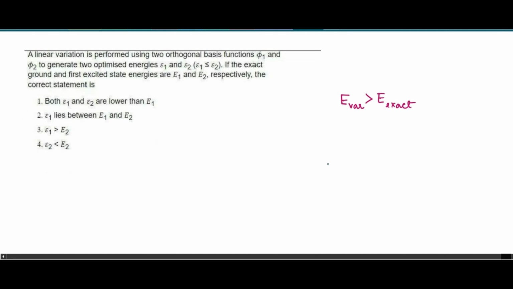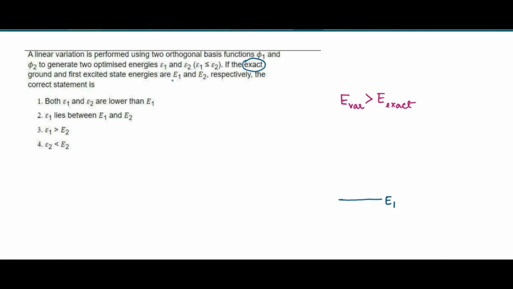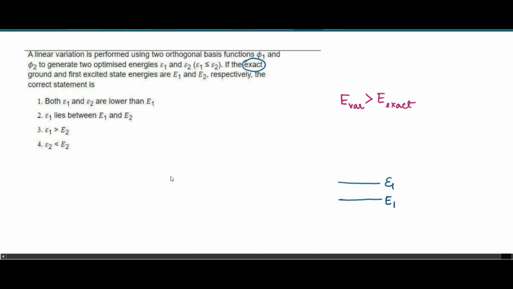Let's say the exact ground state energy is E1. The energy I found through the variational principle is epsilon1 for the ground state. From this rule, epsilon1 would be greater than E1. It's not going to be below, it's going to be above.